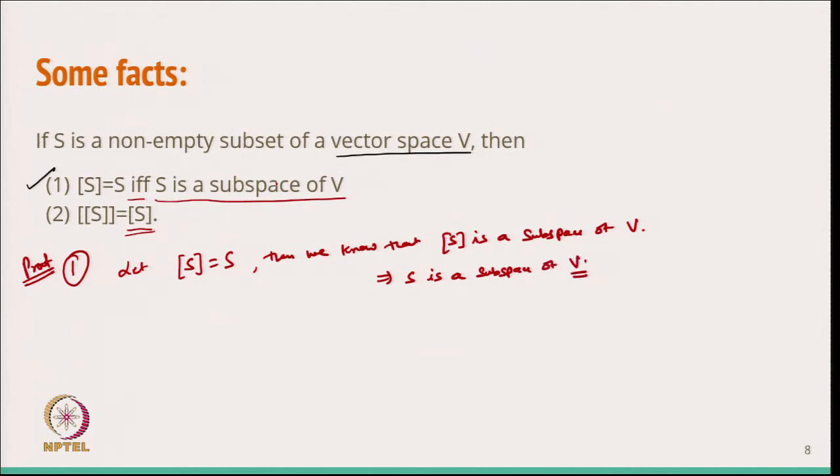So, that is proved, that S is a subspace of V. Okay. Now, I want to define the other term. So, this is the one way. Okay. So, I can write the first way.